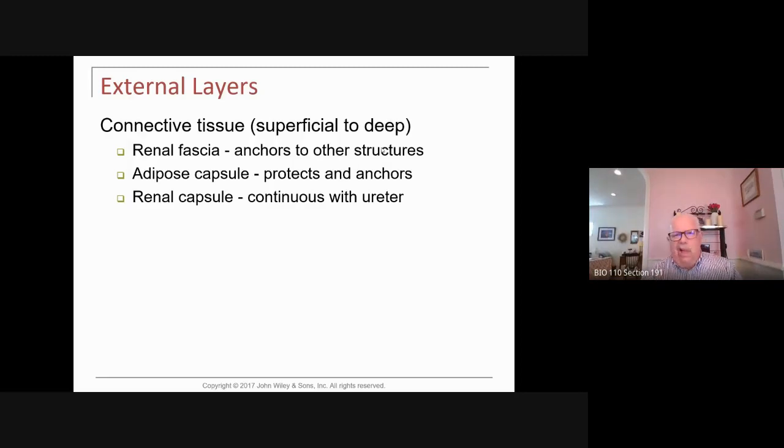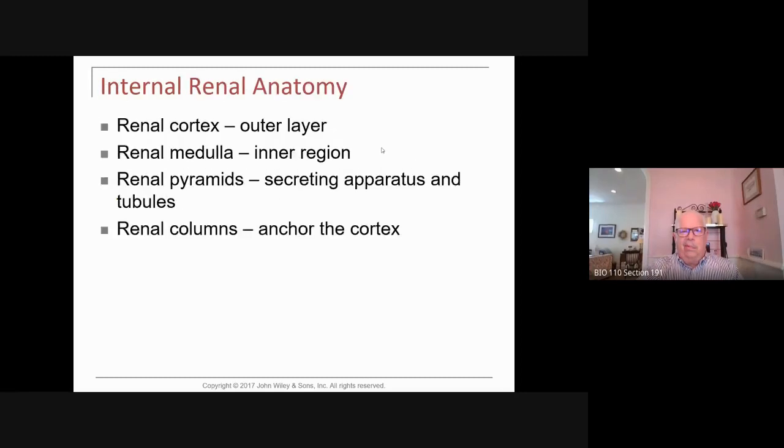And of course, there is connective tissue that anchors the kidneys in place, and the kidneys are not protected by the peritoneal membrane, but they are protected by fat and fascia in the retroperitoneal area. Okay? The internal anatomy of the kidney.